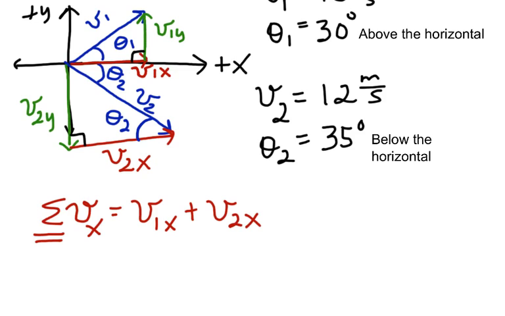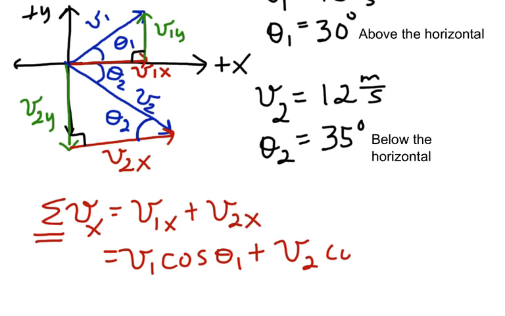Now this is where we have to look at the trigonometry ratios to plug in our value for v1x. So using trigonometry, we can also see that v1x is the same thing as v sub 1 cosine of theta sub 1. And v sub 2x is the same thing as v sub 2 cosine of theta sub 2.